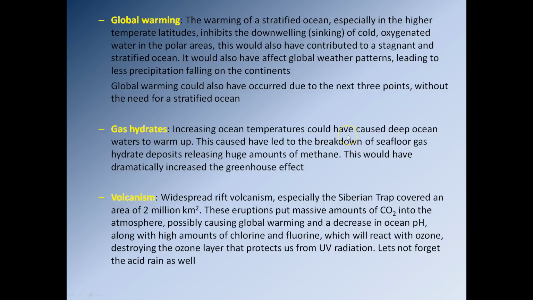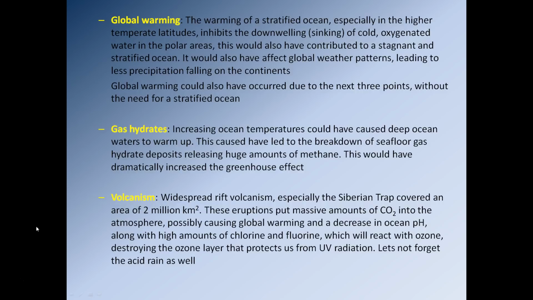There's also more though. When a volcano erupts, it will also put out small quantities of chlorine and fluorine. So chlorine and fluorine are halogens. They're very, very reactive. Now, if you put that chlorine and fluorine into the upper atmosphere, it will react with the ozone.